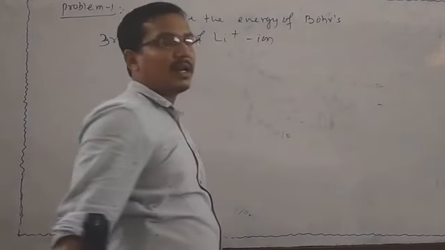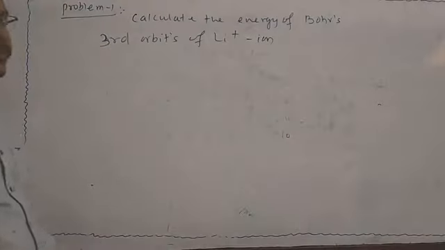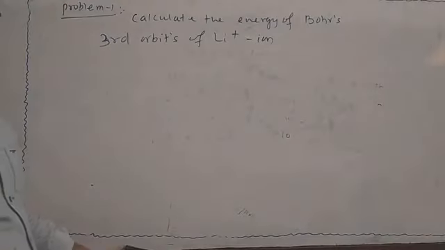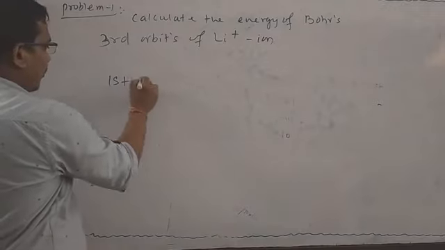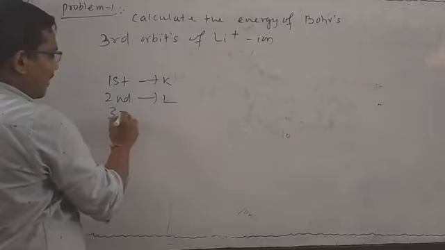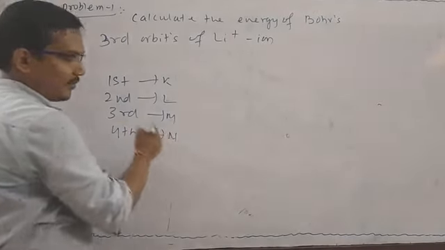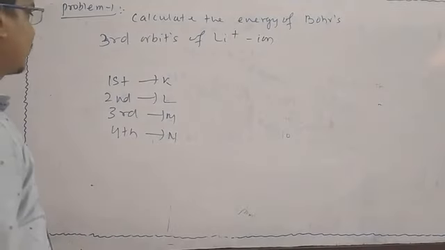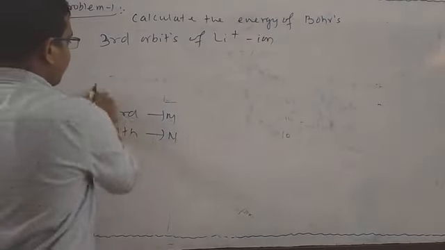Suppose a question asks this, your aim is to calculate the energy. Bohr's orbit means K, L, M, N shells are called Bohr's orbits. Third orbit means first orbit is your K shell, second is your L shell, third is your M shell, fourth is your N shell. These are the orbits. Third orbit means your M shell.